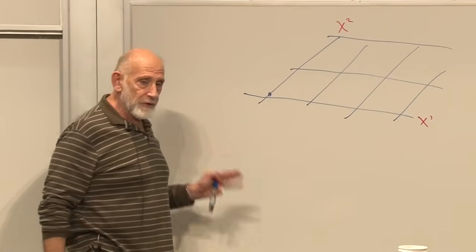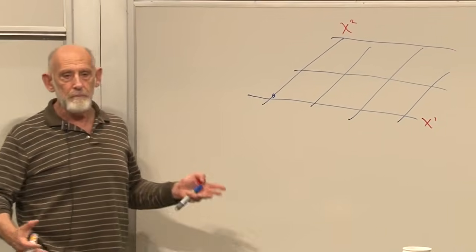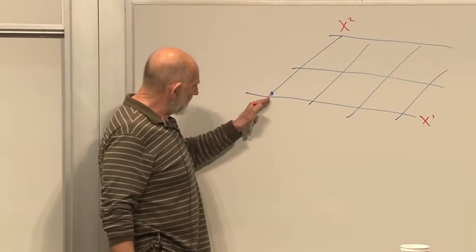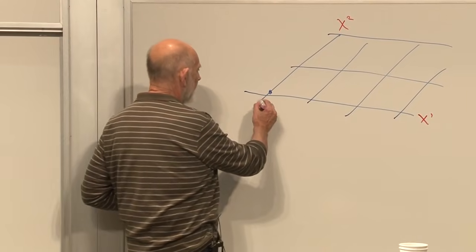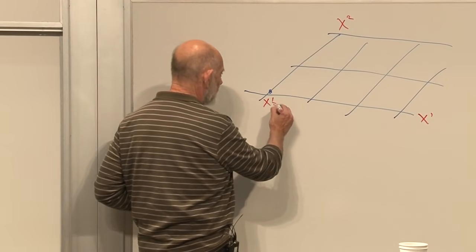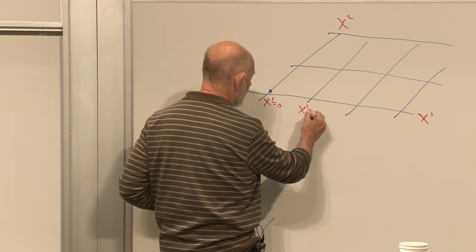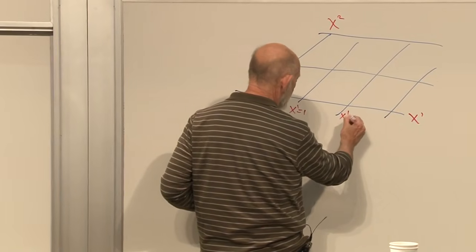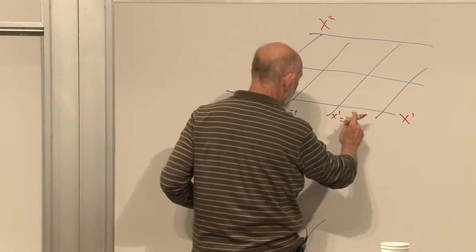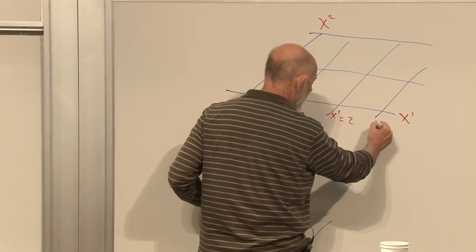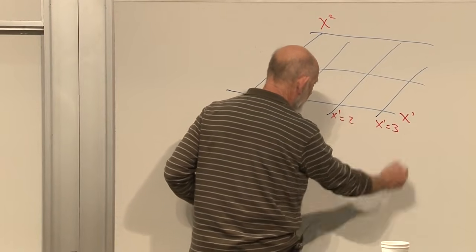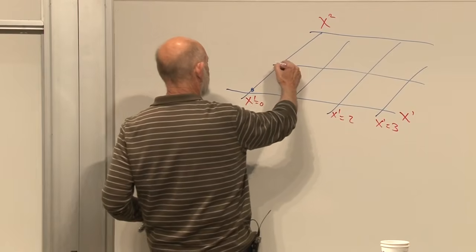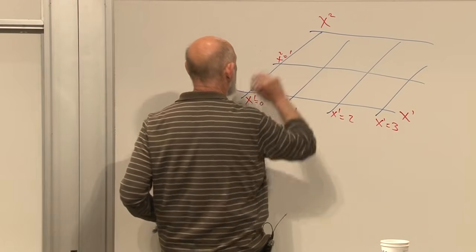And the actual physical distance, let's say measured in meters, from x equals 0, here's x1 equals 0, here's x1 equals 1, here's x1 equals 2, here's x1 equals 3, and so forth. Here's x2 equals 1.